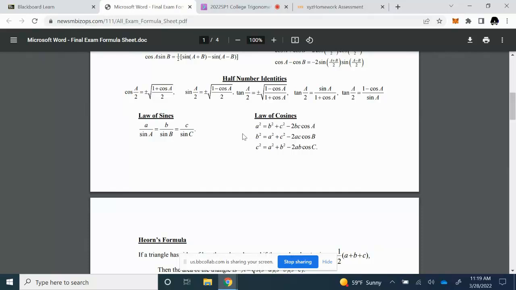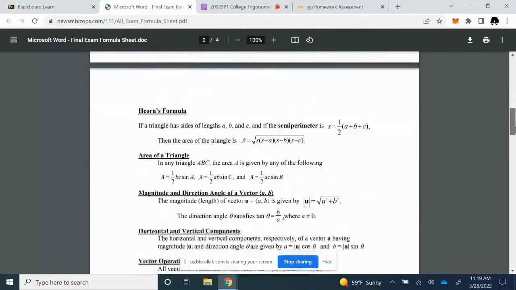If we were finding the length of a side of a triangle, we would find A and not A squared, so to solve for A we would take the square root of both sides. And if we were to find an angle measure, we'd have to algebraically solve these formulas for the angle measure. I'll explain that momentarily.